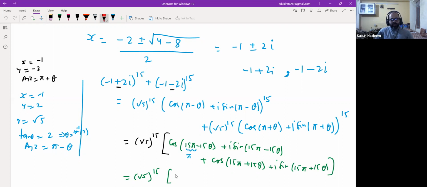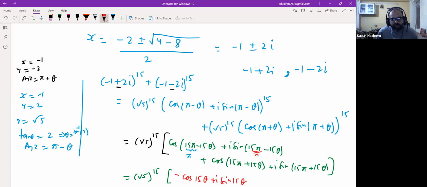Cos pi minus 15 theta is minus cos 15 theta. Sin 15 pi minus 15 theta will again behave as pi minus 15 theta, so this will become i sin 15 theta.